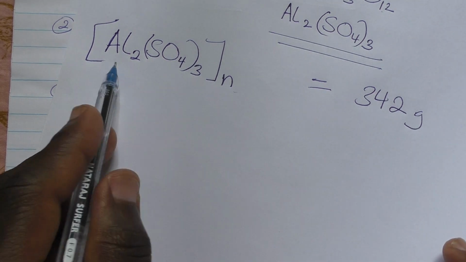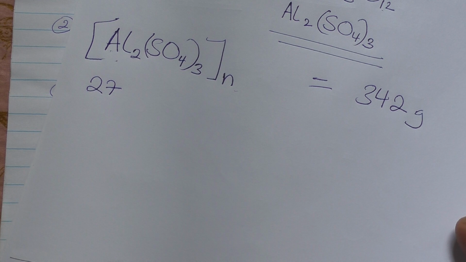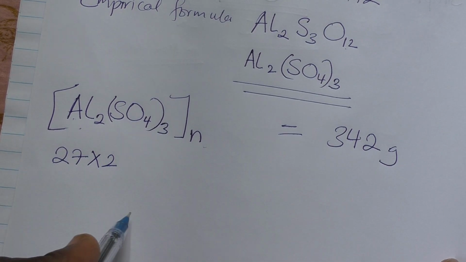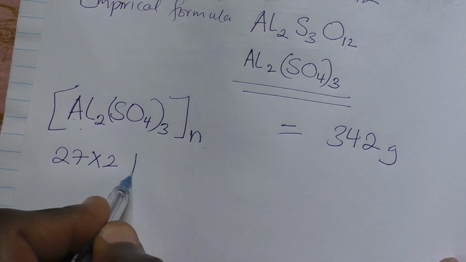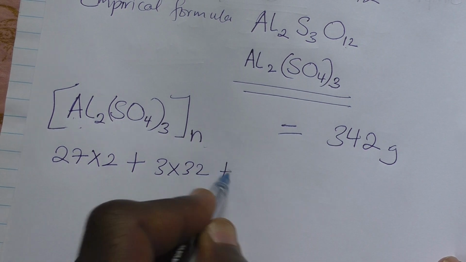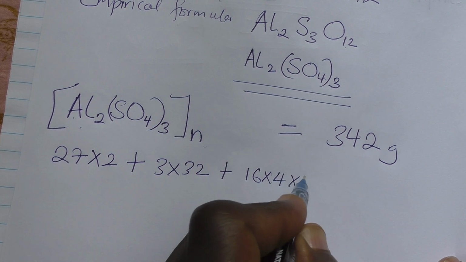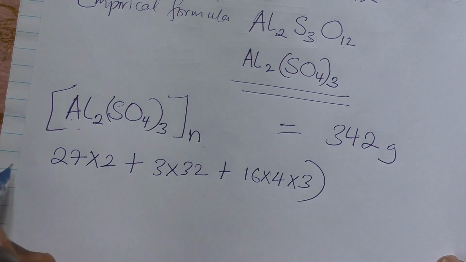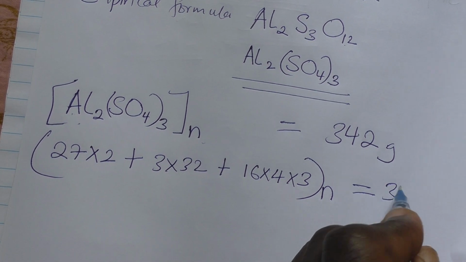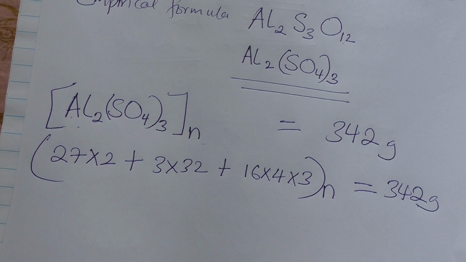And now we start multiplying. This was 27, that's the atomic mass of aluminium, times 2, plus 3 times 32, plus 16 times 4 times 3, all to the power of n, which will give us 342 grams. Now we start multiplying.